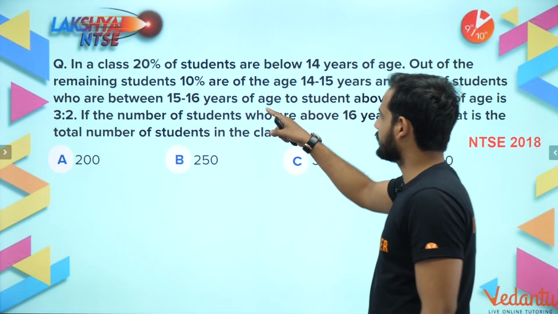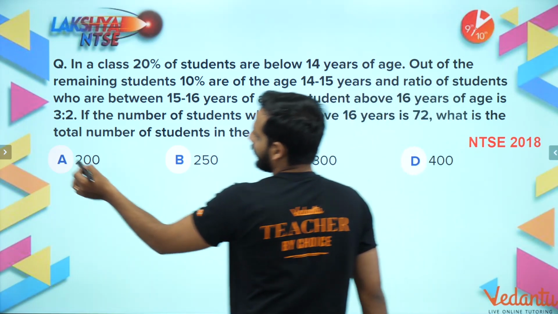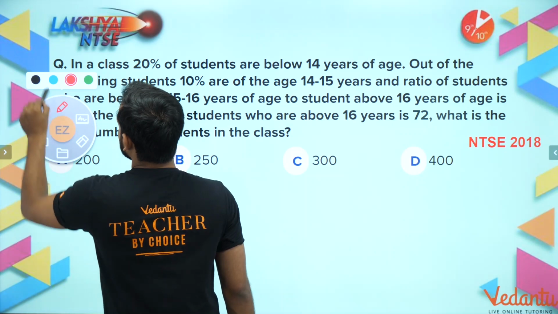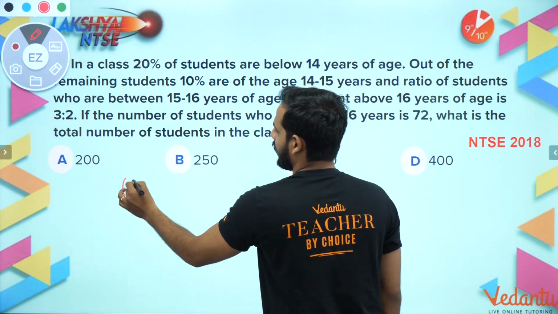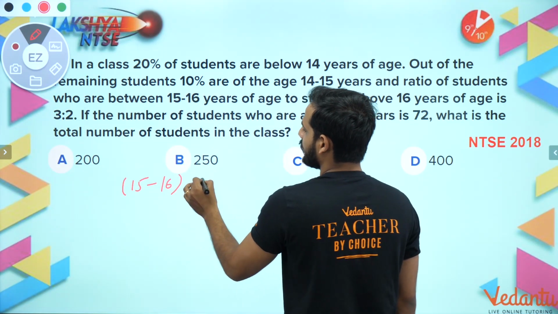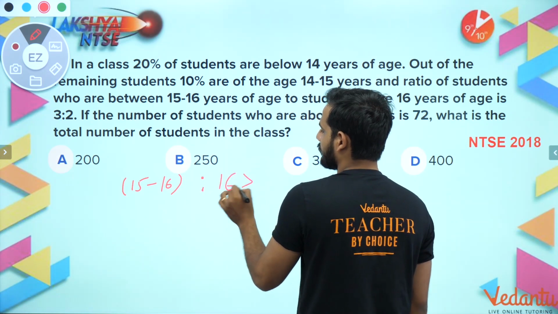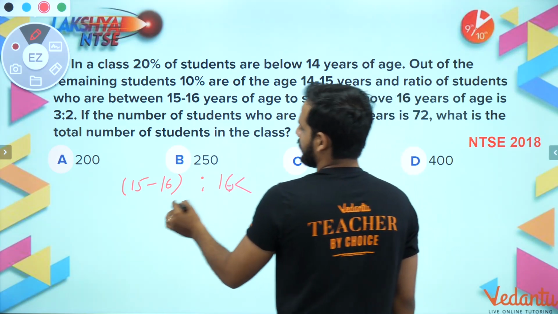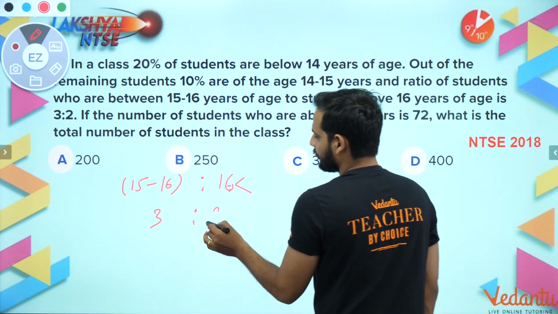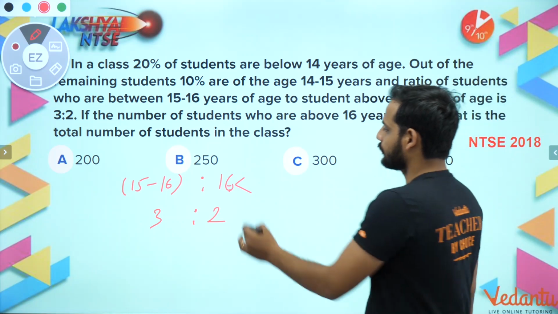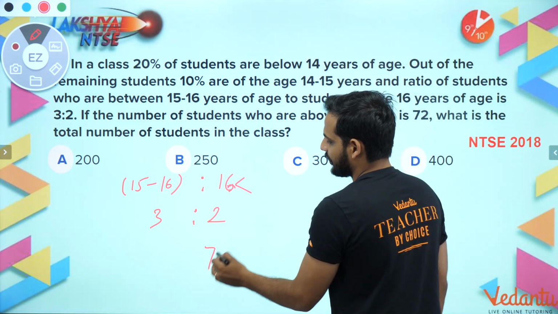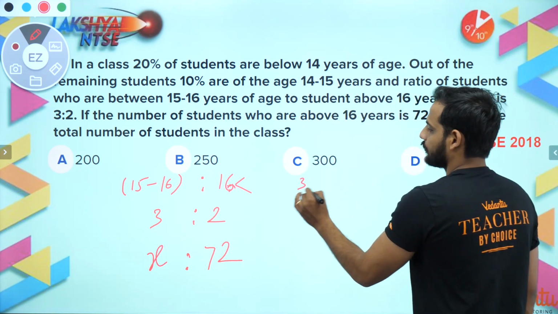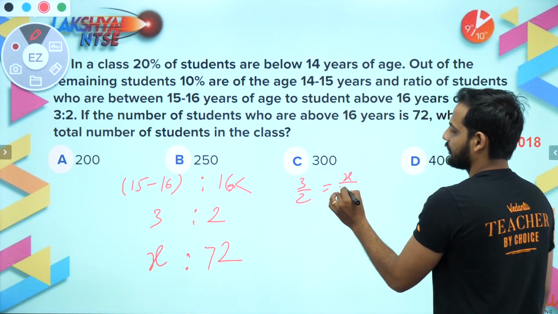First thing, they have told us the ratio of the students who are in the 15 to 16 year range to those who are above 16 years is 3:2. Correct? And they have told that those who are above 16 years are 72 in number. So let's say this is x. So 3 by 2 is x by 72.